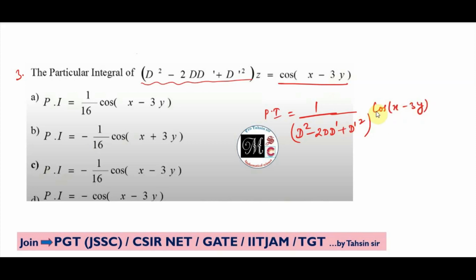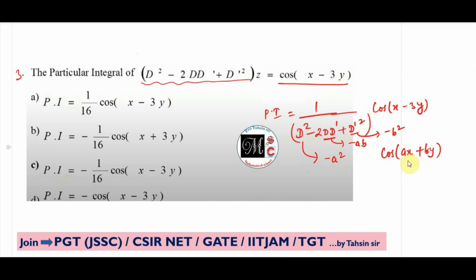For this form, we replace D square, DD dash and D dash square accordingly. If the term is cos(ax plus by), then D square is replaced by minus a square, DD dash is replaced by minus ab, and D dash square is replaced by minus b square.